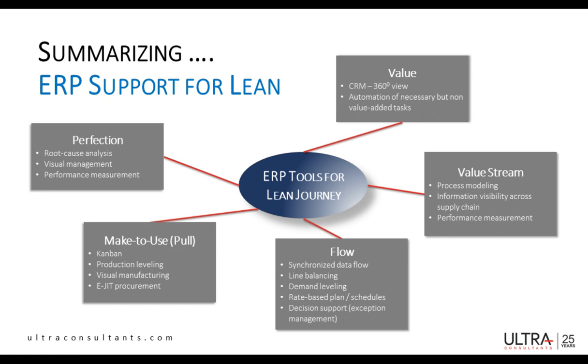All the data that those systems are providing will help and support the mission and the journey of becoming a manufacturer that has processes functioning in an ideal state toward perfection, whether that's root cause analysis, performance measurement, etc. So with that, I will hand it over to Kevin.